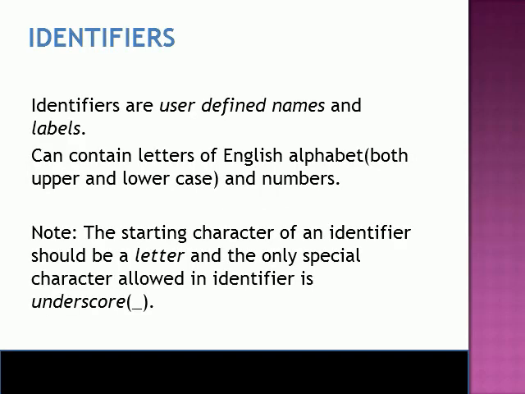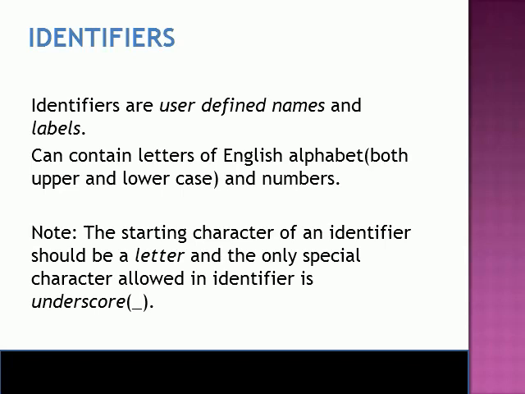Now, next is what is the use of identifiers in embedded C. As we know, each program element in a C program is given a name called an identifier. Names are given to identify variables, functions and arrays, and all are examples of identifiers.